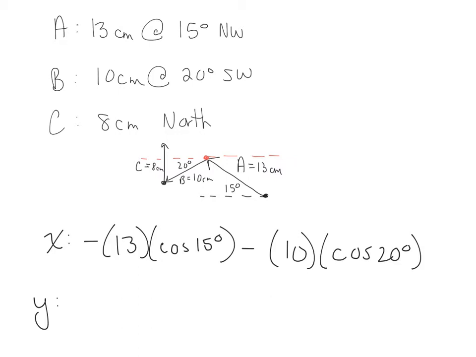And instead of cosine, sine. So for the horizontal, you look at it the horizontal way, and then for vertical, you look at it the vertical way. Right? Vector A's length is 13 times the sine of its angle, which is 15 degrees. Remember, it's the length of the vector times the sine of the angle.